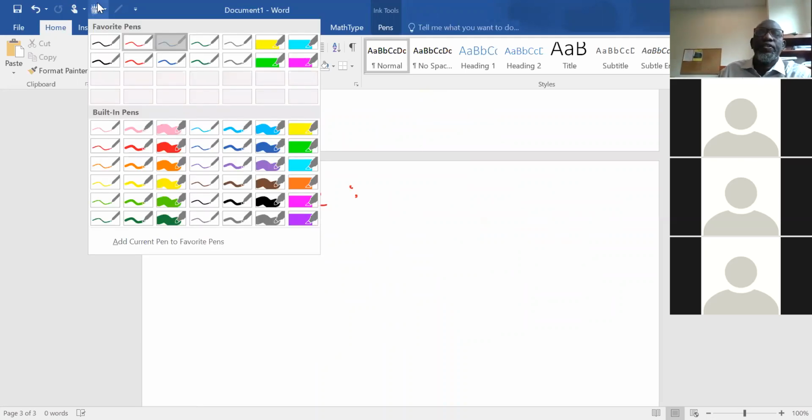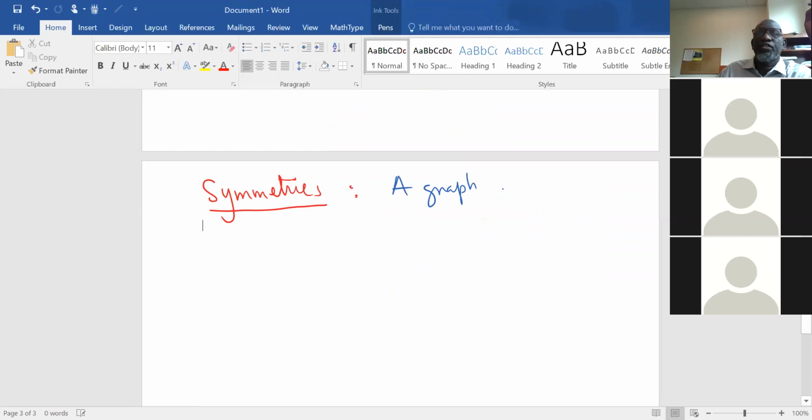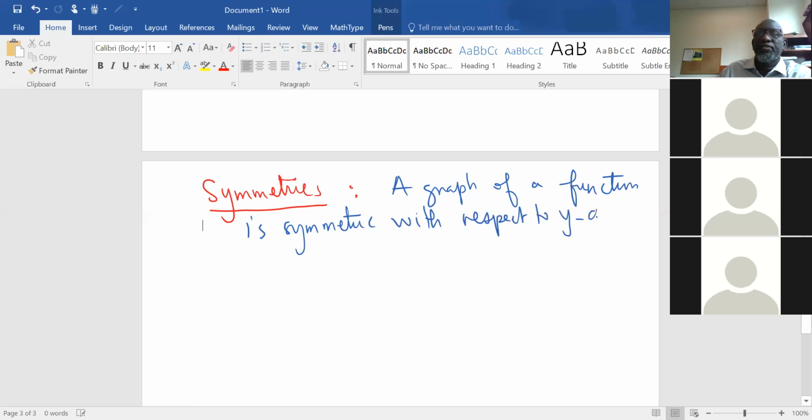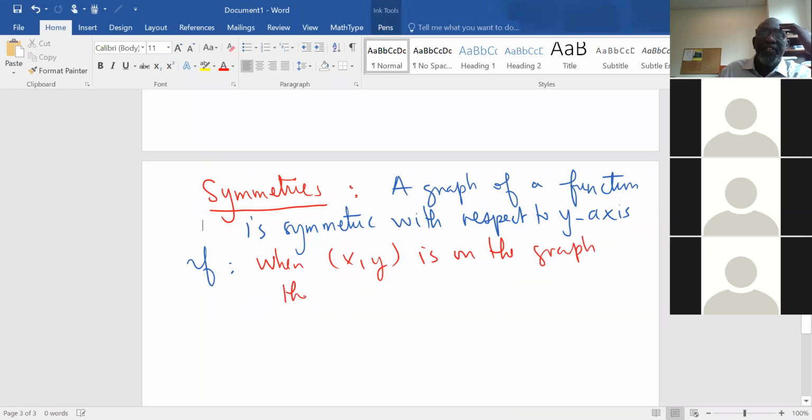The graph of a function is symmetric with respect to the y-axis if when (x, y) is on the graph, then (-x, y) is also on the graph.